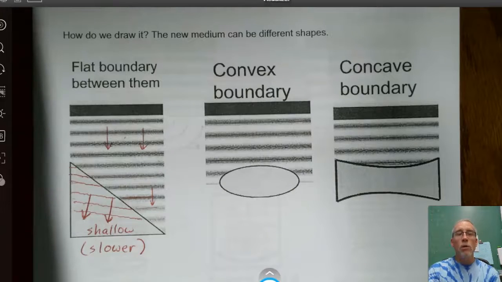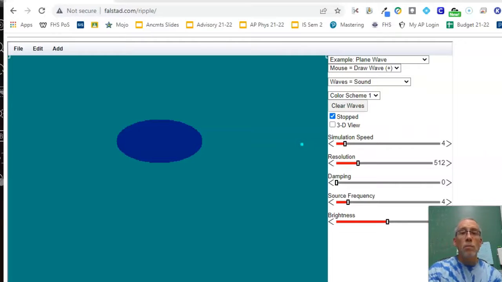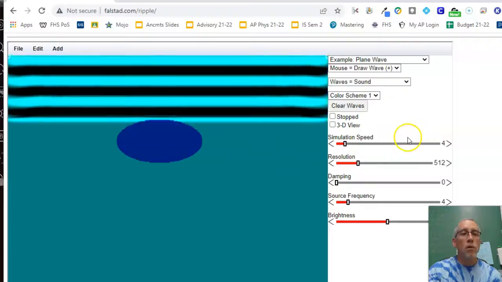All right. Then we'll take a look at what happens when we have a rounded boundary, kind of like we have here in this middle one. Now I've got something similar here, except my shallow medium is just an elliptical shape, sort of an oval. And we're going to see a different effect here. So let me show you what happens when we get the plane waves moving.